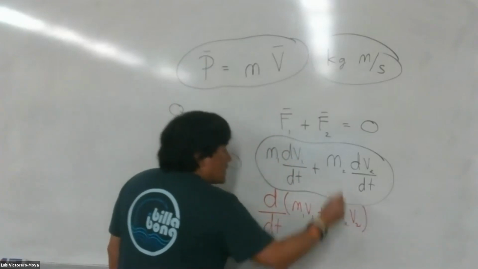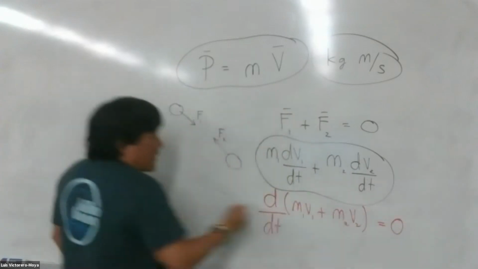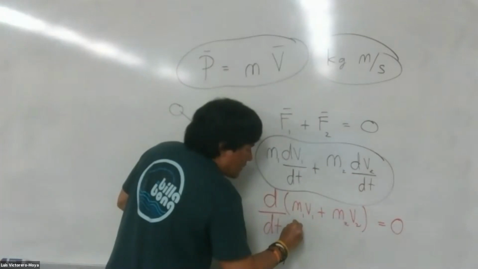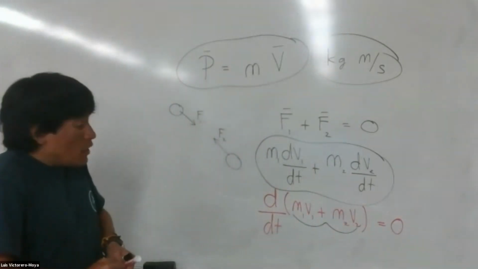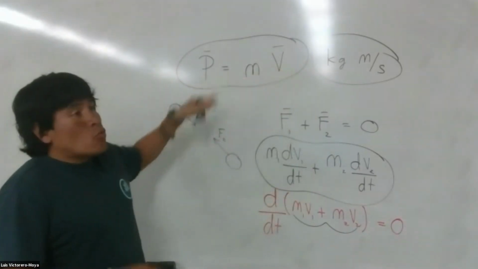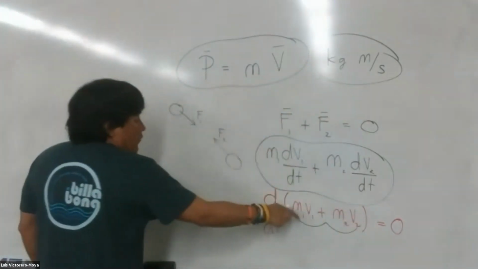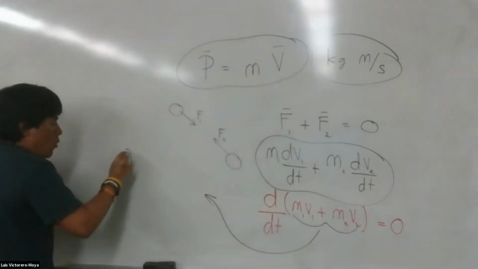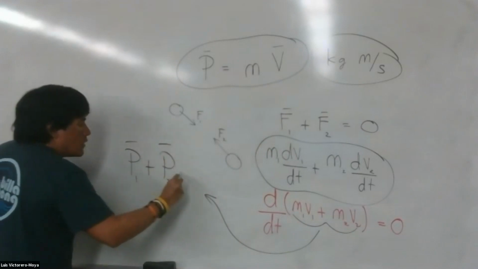And I can do that because this is an addition. I use the addition rule. And that's equal to 0. So you know what that's telling you? That's telling you that this quantity is constant, right? The derivative of a constant is 0. And m1v1 will be momentum 1. So momentum 1 plus momentum 2 is constant. So what we get from here is that momentum 1 plus momentum 2 is constant.